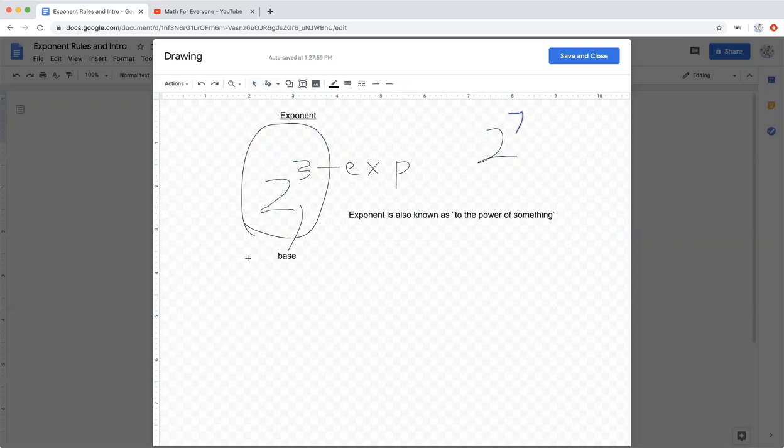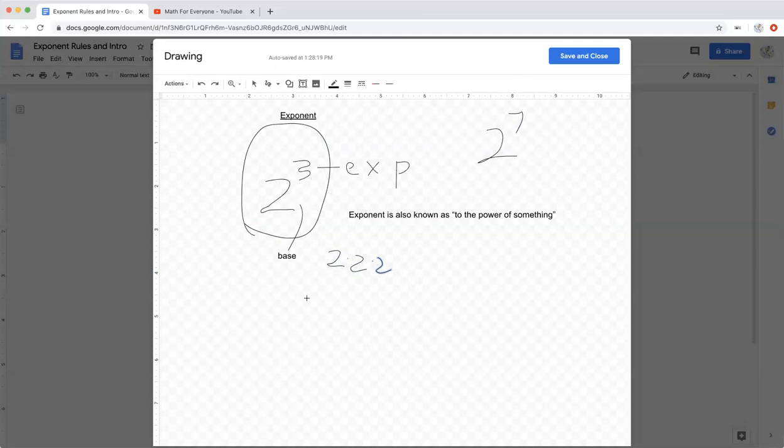So now let's try to solve this problem. What do you do with this exponent? 2 to the power of 3 would be the same as 2 times 2 times 2. You are basically supposed to multiply this number however many times large the exponent is.